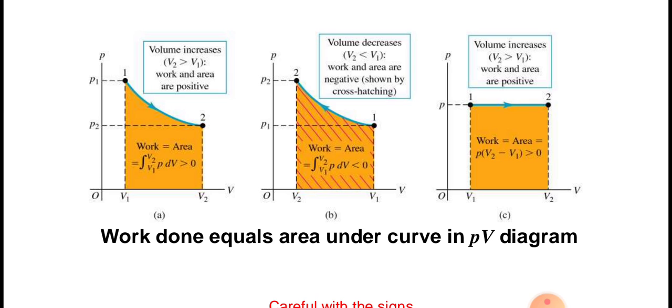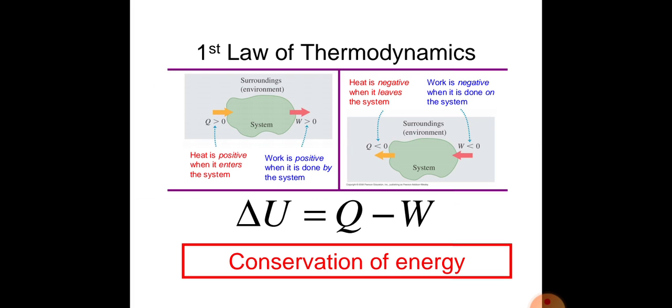Now we see in the third graph that the pressure is the same at points 1 and 2, and the process goes from 1 to 2. At that time the volume at position 1 is lesser than the volume at state 2. So in this condition the work is positive.